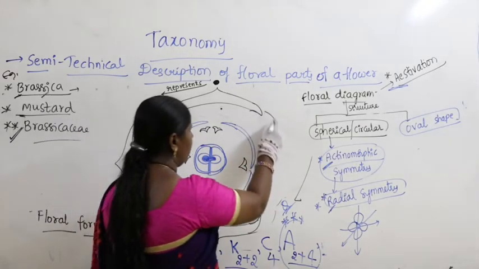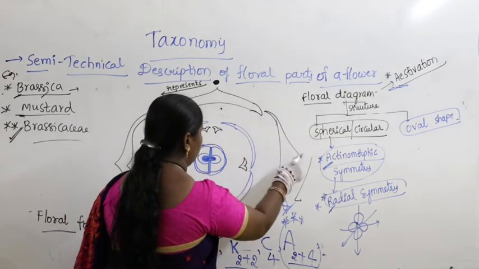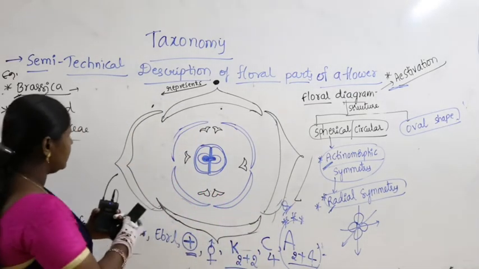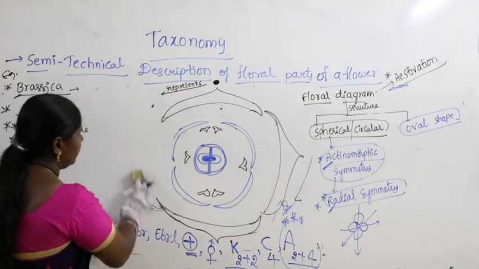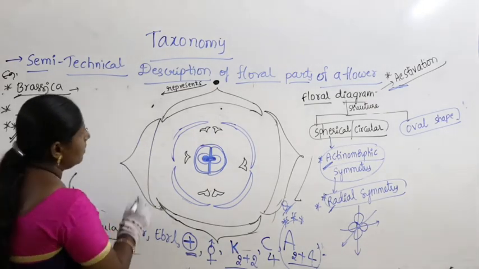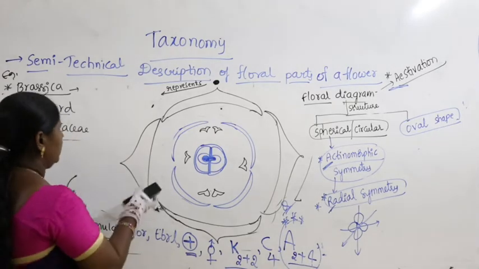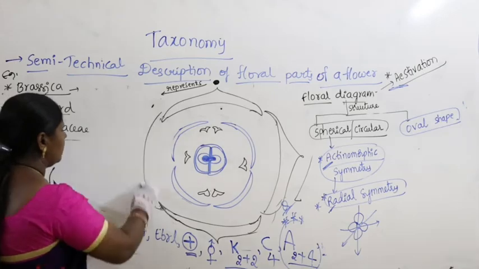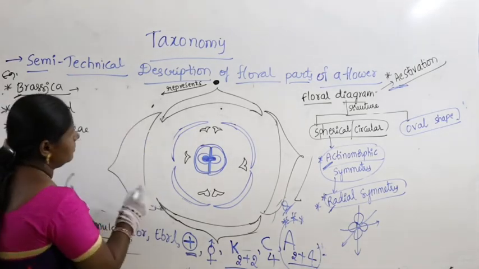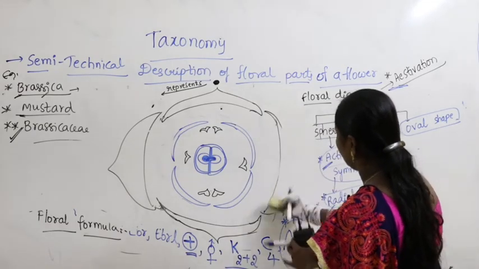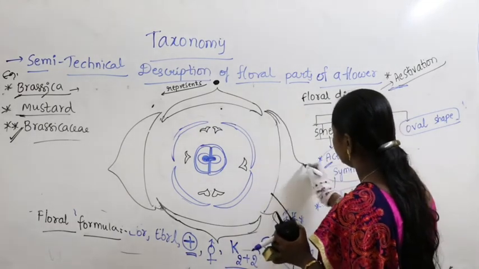Here I am drawing the outer one, one more whorl like this. I have taken more space here, so let us take a little space only. It should look like an oval, that is what I am trying to represent here.